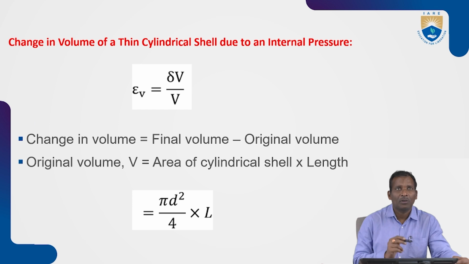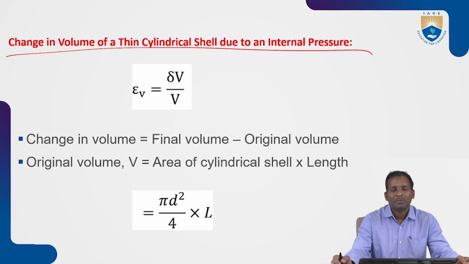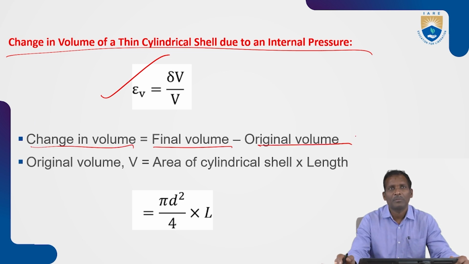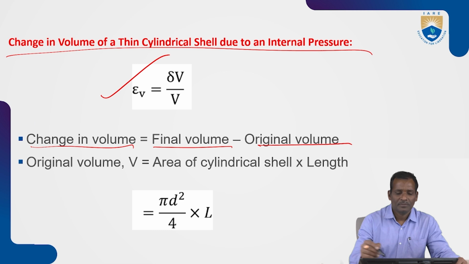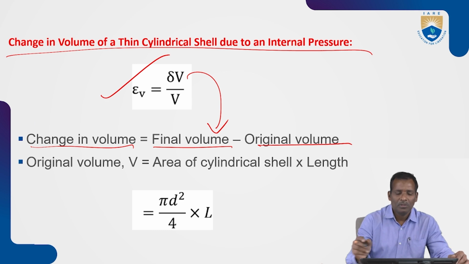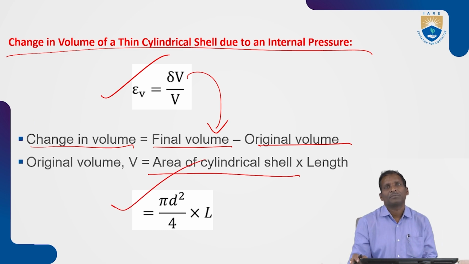Now the change in volume of a thin cylindrical shell due to an internal pressure, the volumetric strain, is the change in volume of the thin cylinder, delta V by V. The change in volume is equal to final volume minus original volume, that is delta V. So the original volume V is equal to the area of the cylindrical shell, pi by 4 into D square, into L. That is the original volume.